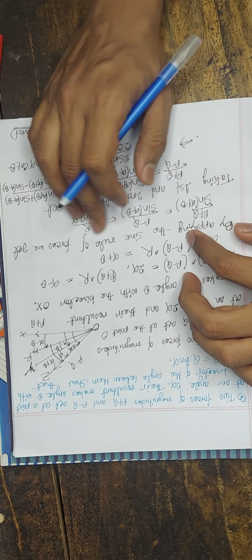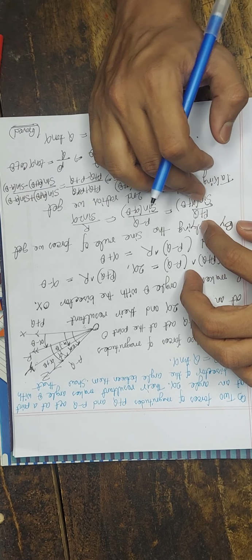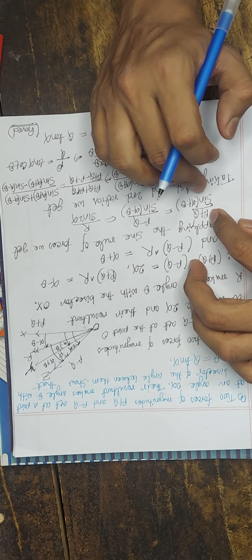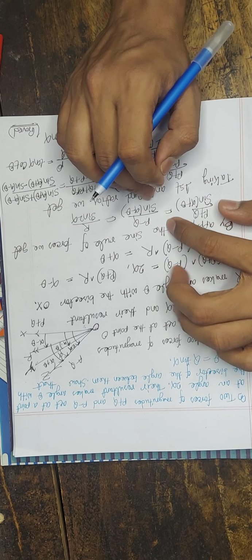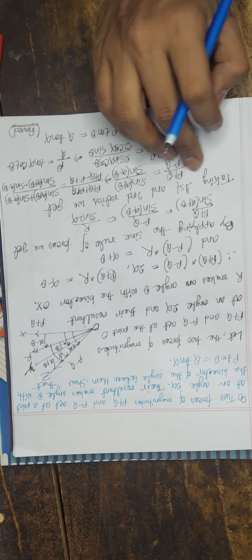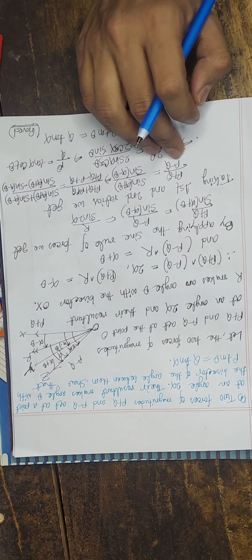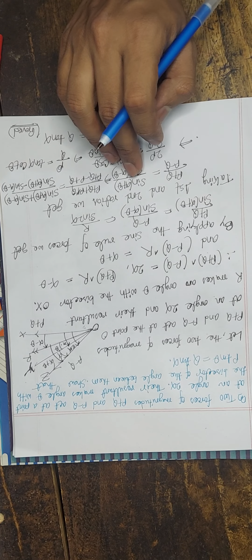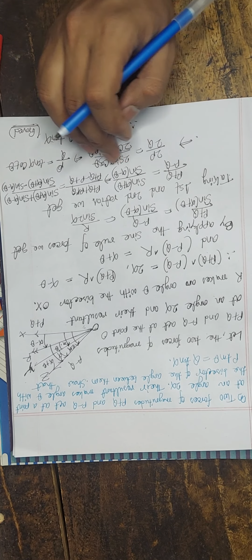So by applying the sine rule of forces, we get P plus Q by sine (alpha plus theta), P minus Q by sine (alpha minus theta), and R by sine twice alpha. So taking the first and second ratios, we get P plus Q divided by P minus Q is equal to sine (alpha plus theta) divided by sine (alpha minus theta).